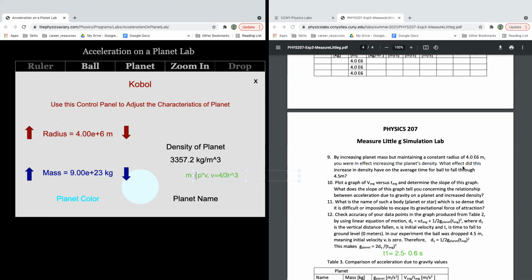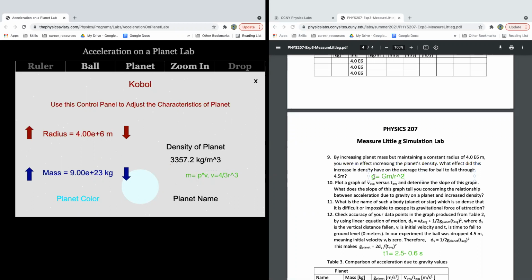So they ask you, what effect does this increased density have on the average time for the ball to fall through the 4.5 meters? When the mass is increasing, remember we have another equation for little g equals G M over r squared. So when M is increasing, little g will definitely increase.